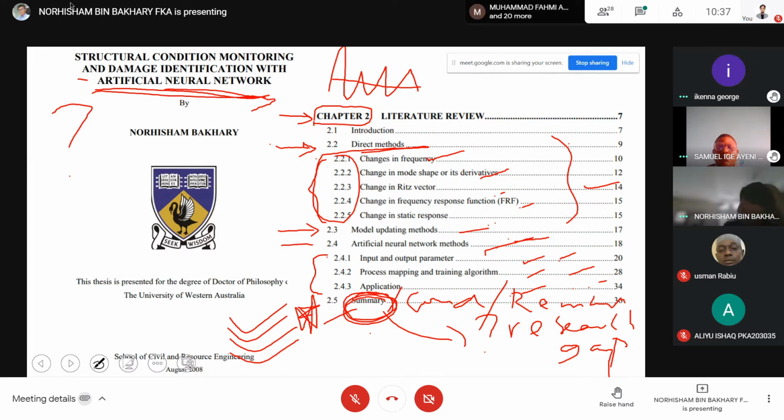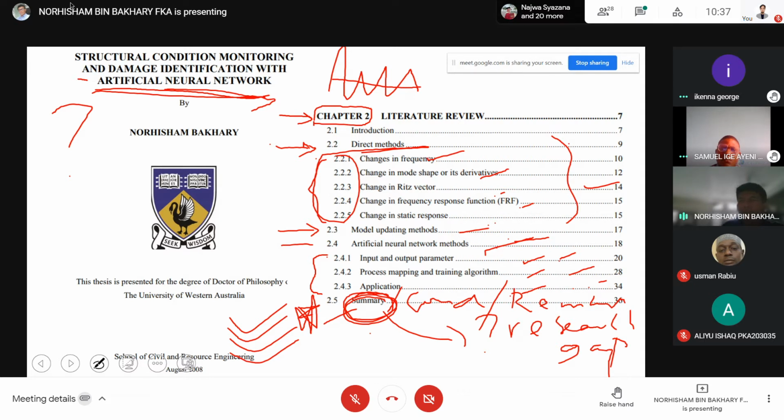Yes, you can, but you must prove something. If I were the reviewer, I would ask you the big question: why does it not exist in Nigeria? Can you prove to me that the problem is there? You must prove to me if I am the examiner.